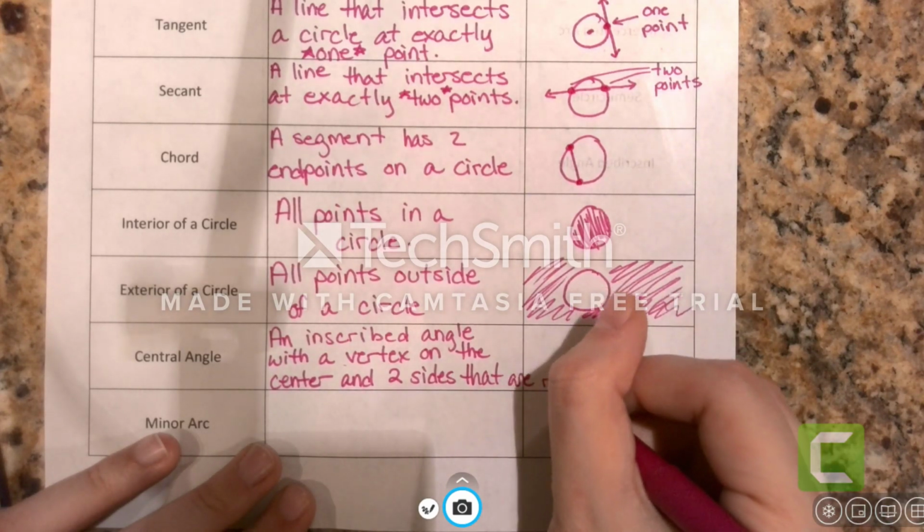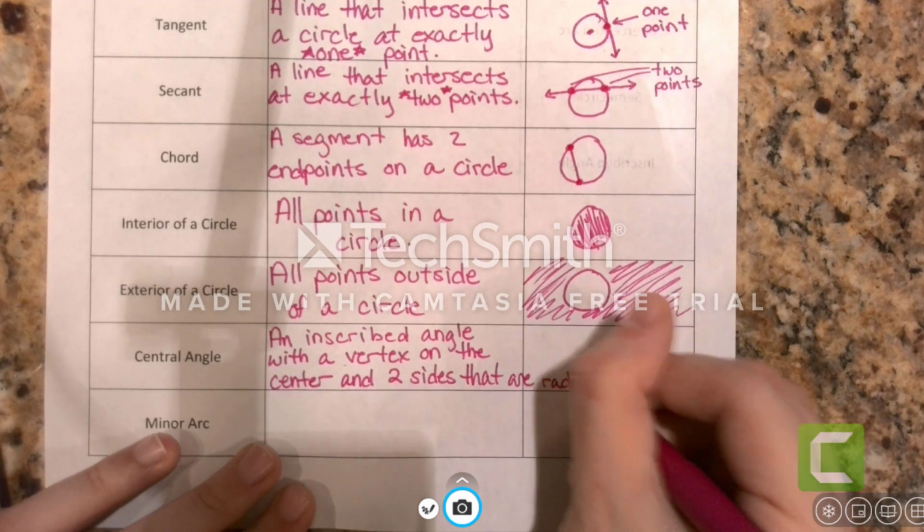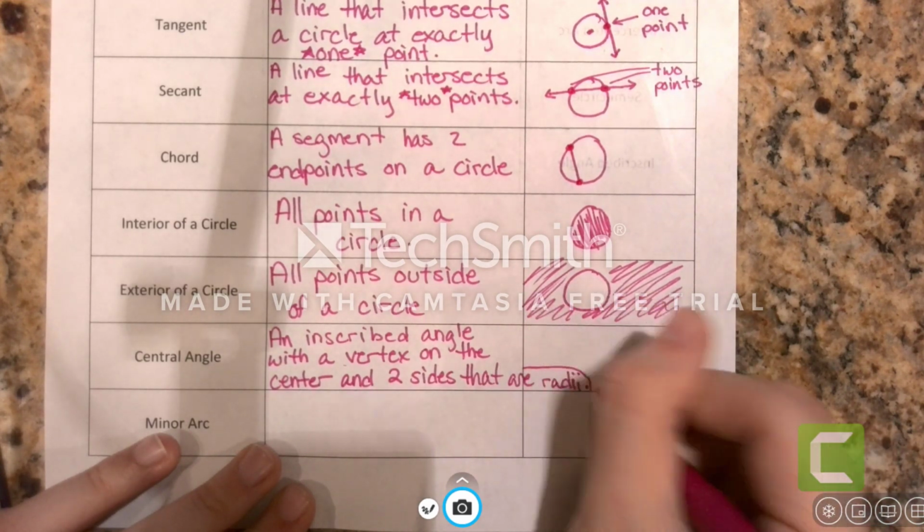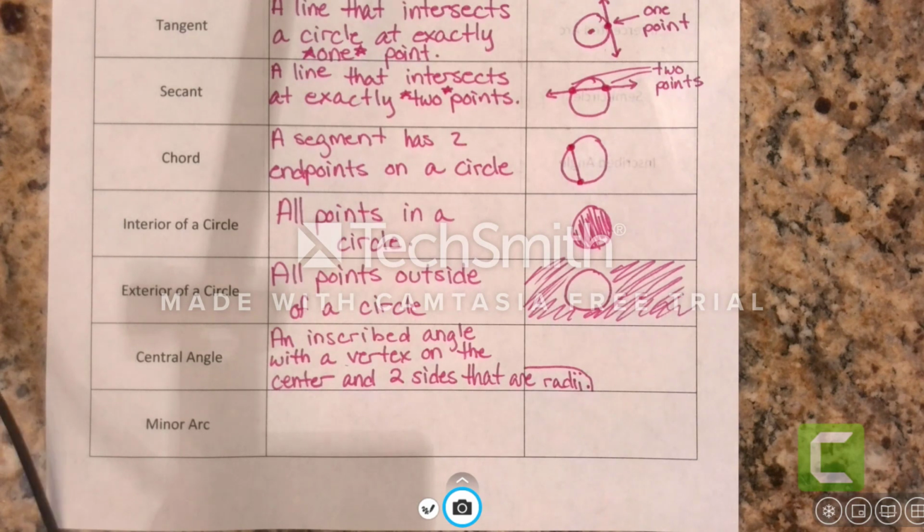And remember, inscribed means drawn inside. I'm going to draw a little bit into my picture here. But I want to touch on this a little bit because it's quite a bit to write, and if you have a better way to write it for yourself, feel free to do so.